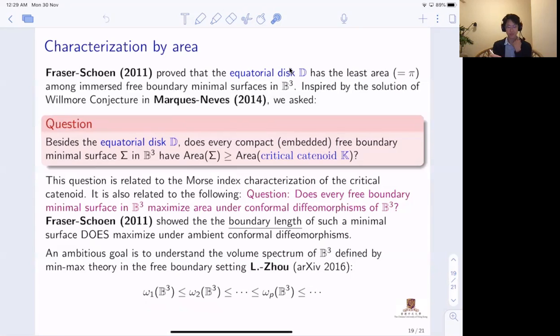A conjectural picture is that the first three of them would be given by the equatorial disk, and the fourth one would be given by the critical catenoid, the area of the critical catenoid.